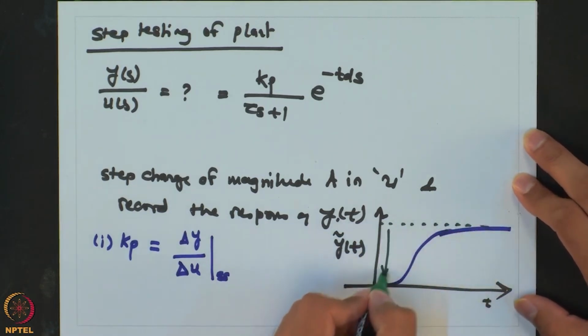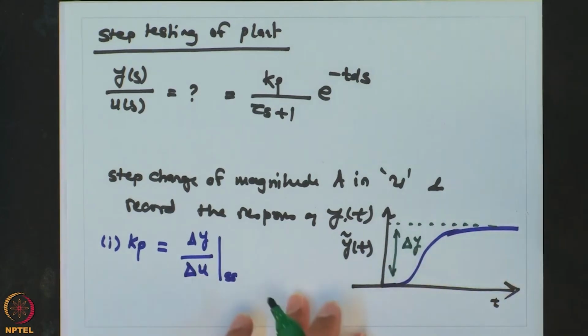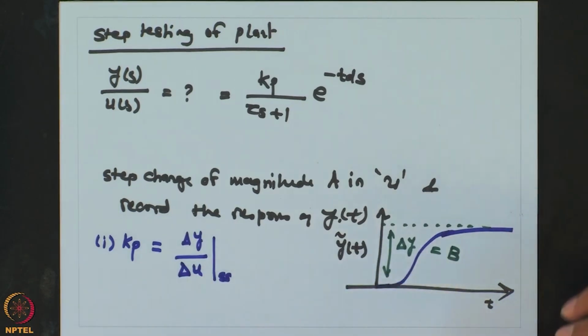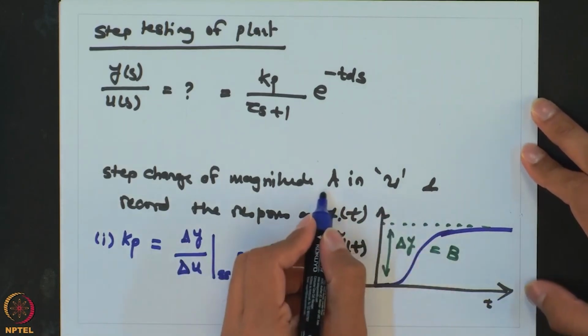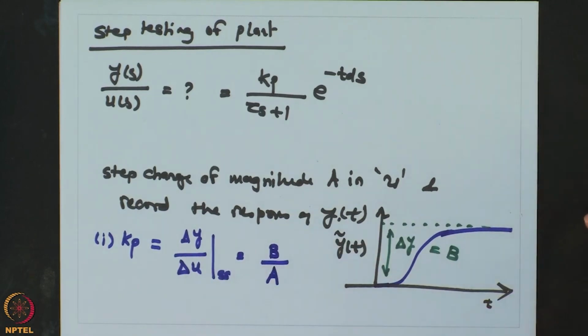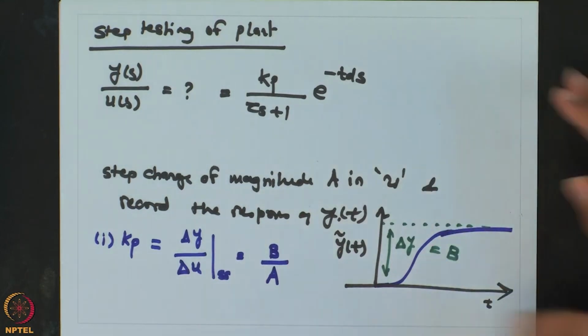So the total change in y is delta y, and let us call it b. So the gain in this case will be equal to b over total change in input, which was a. So the Kp will be equal to b over a. So that way we will be able to get the gain of this process.